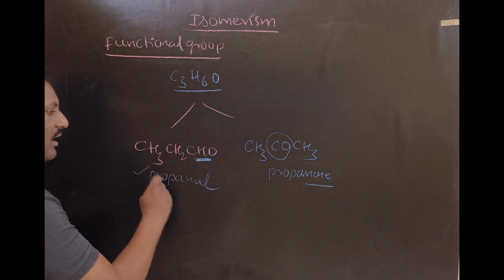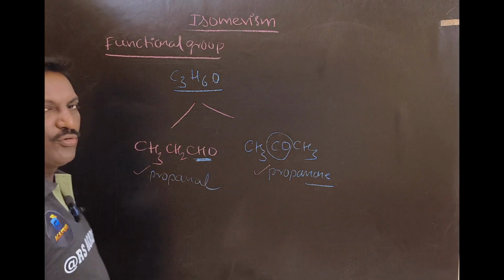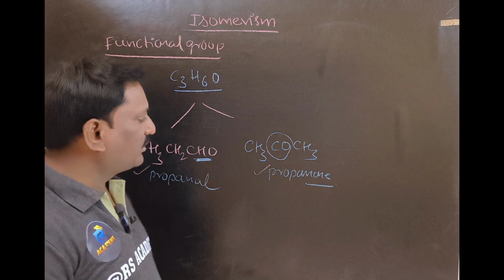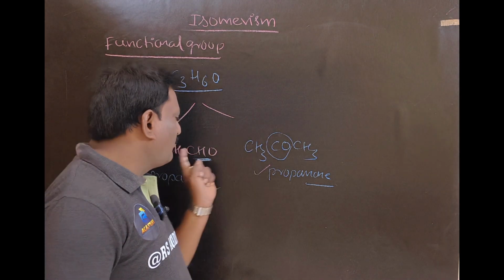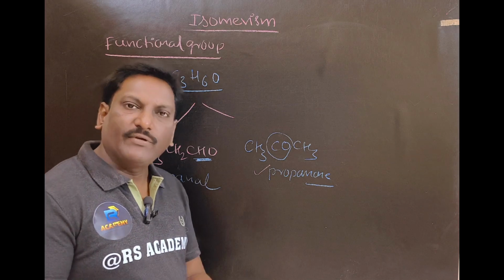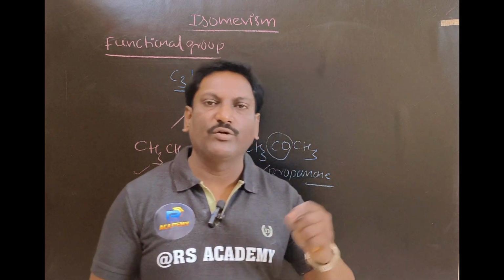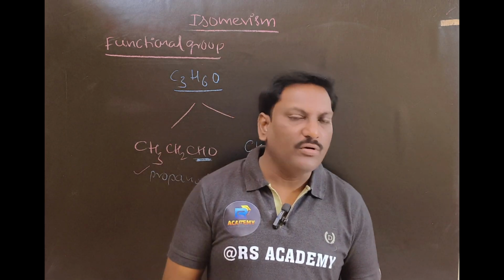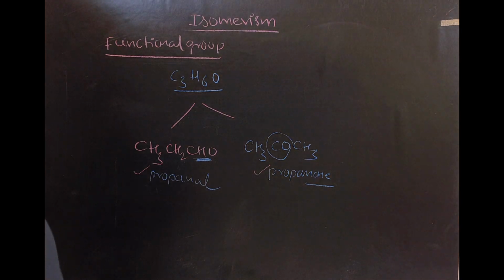Propanal and propanone both are considered functional group isomers. Those compounds having the same molecular formula and different functional groups are considered functional group isomers. This phenomenon is called functional group isomerism. Okay, right.